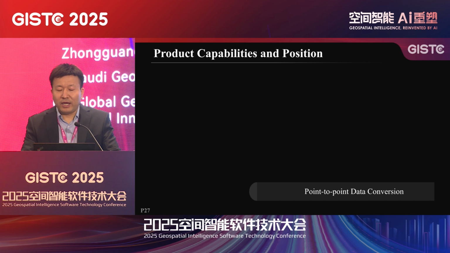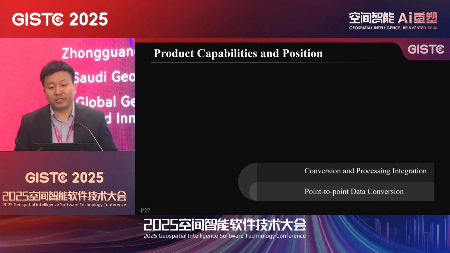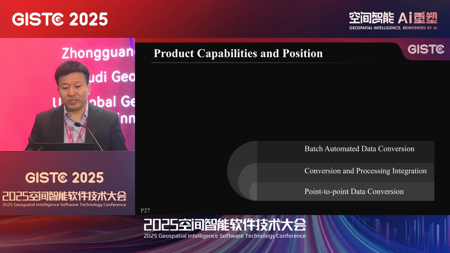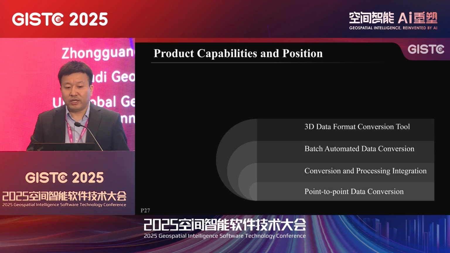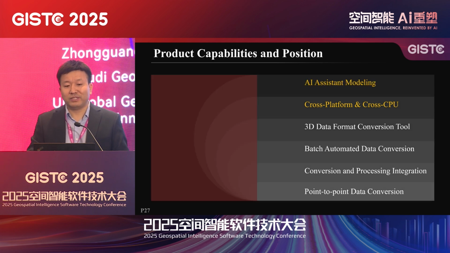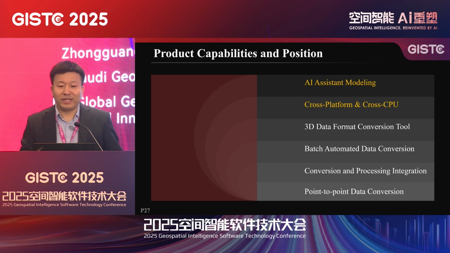Okay, here I give some summaries about its capabilities. It's a point-to-point data conversion tool, which will convert and process spatial data, integrated and running automatically in batches. It focuses on 3D data formats. And it can run on a Quest platform and CPU environment, and also integrates AI-assisted modeling abilities.